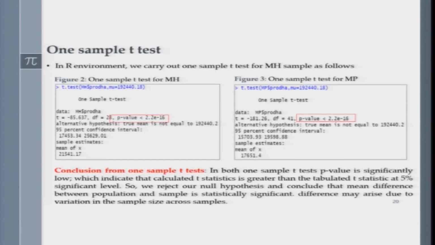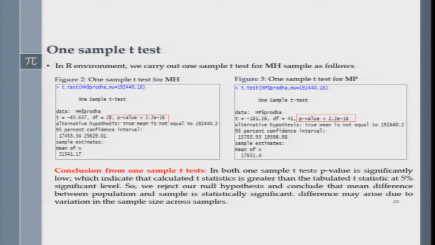Now, in this slide I am showing you how you can conduct the one sample test for both these groups. In figure 2 I am showing the case for Maharashtra, and in figure 3 the case of Madhya Pradesh. Here you have to write a simple command t dot test, and note that within the parenthesis you first mention the source of the data, and then the population parameter value you are testing for.